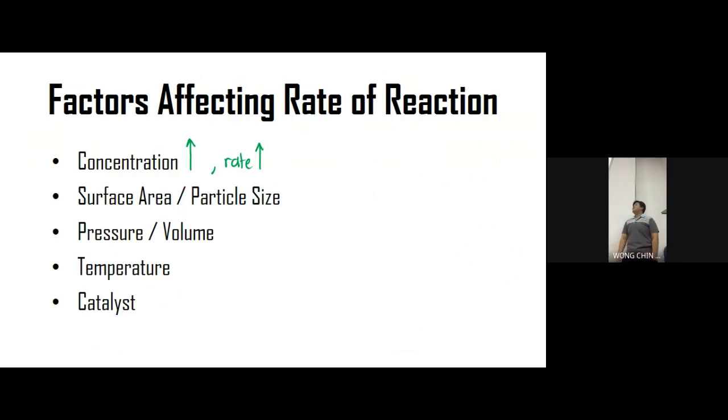Pavisha, another friend? Christina. Thank you, girl. Surface area or particle size.